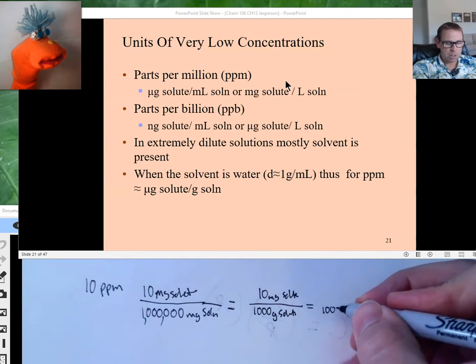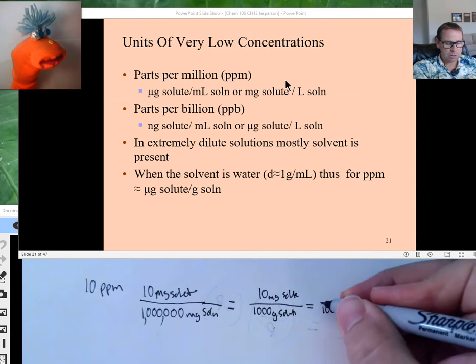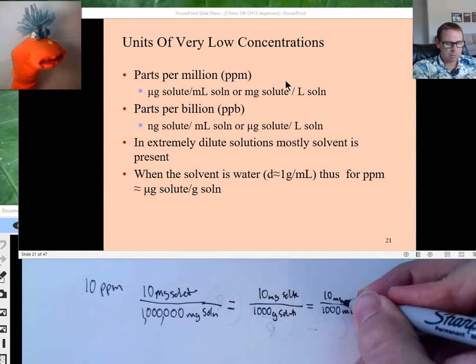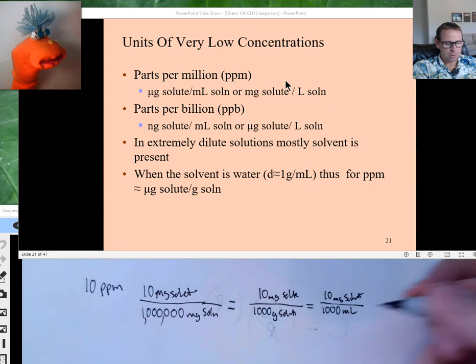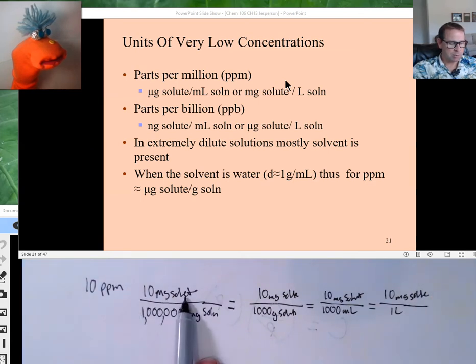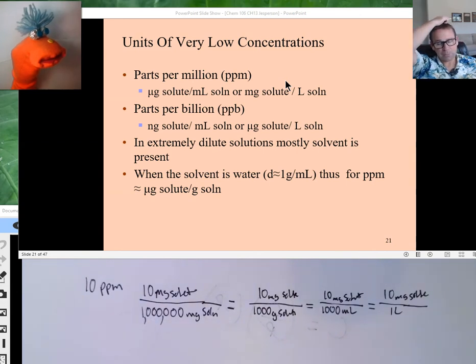Therefore, this can be expressed in terms of milliliters. So that's 10 milligrams of solute for every 1,000 milliliters. And then my milliliters can be converted to liters. So 10 milligrams of solute for every 1 liter of solution is the same as 10 milligrams of solute for every 1,000,000 milligrams of solution. Okay, so that's 10 parts per million.